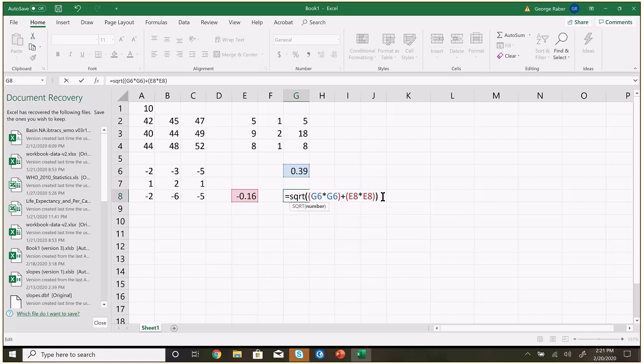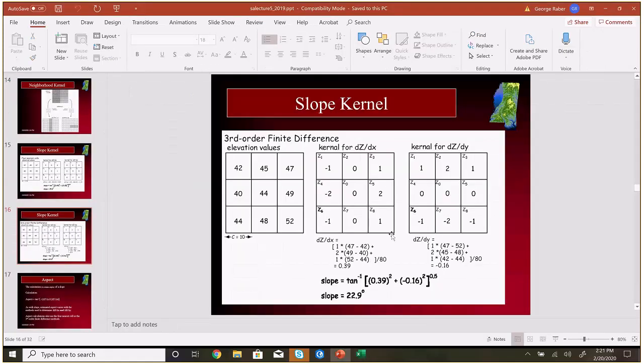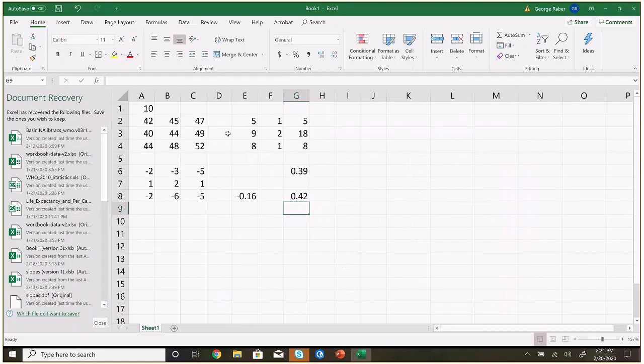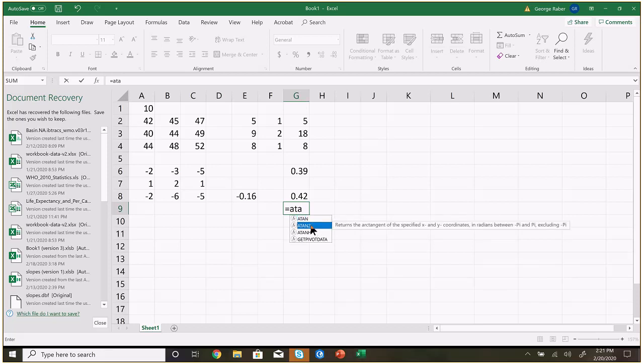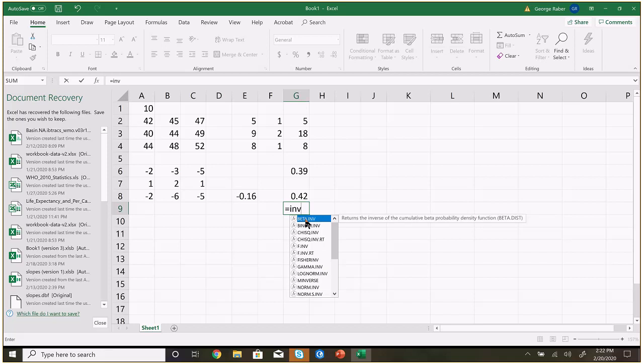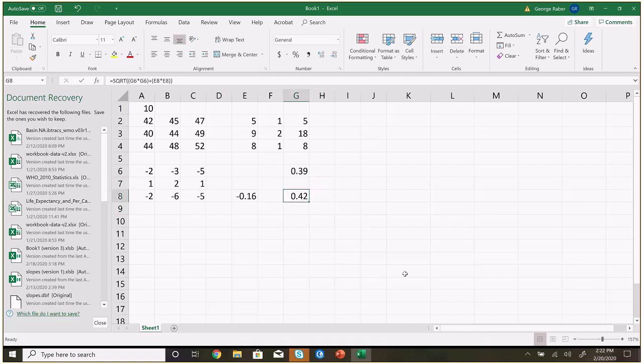SQRT. Squared plus, yeah. Okay. It's the inverse tan, right? I don't know where that is in Excel, so let's just stay with the slope in percent. So the slope in percent is 0.42, so 42% slope in that area.